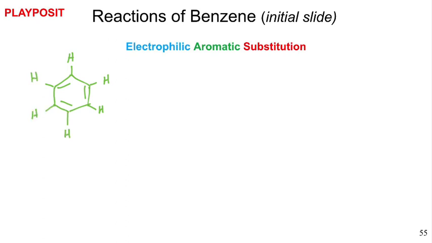This can happen in any particular case. So to speed our reaction along, what we have to do is tweak the aromatic ring. And instead of having a hydrogen on there, I'm going to modify it to have some other atom. Okay? And what I want that atom to do is to somehow affect the ring.